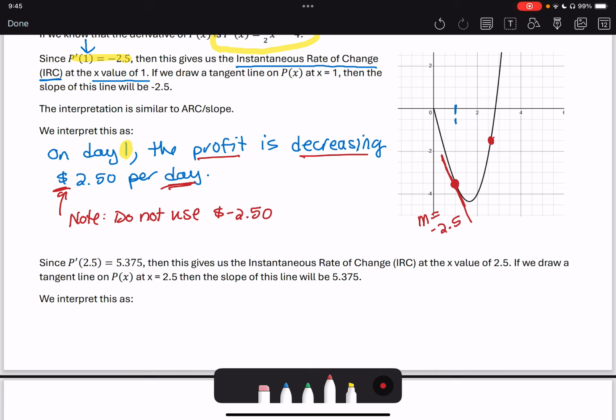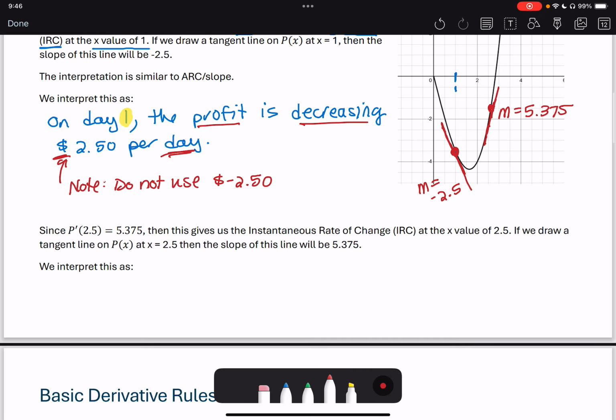And then if we draw a tangent line right there, like I said, it's really hard to draw it visually, but it's only touching the function one time. Although my drawing looks a little different than that, you guys get the idea. The slope of that line right there would be 5.375. So that's what that information just told us.